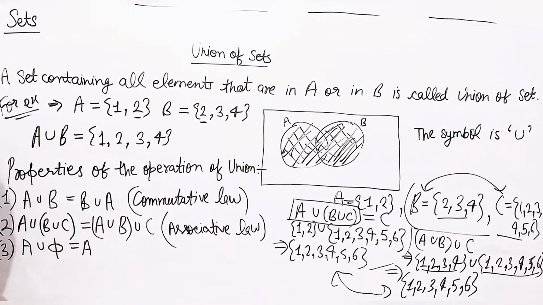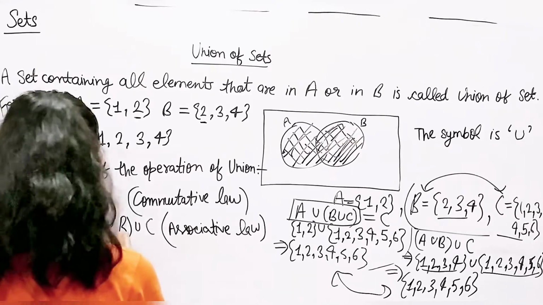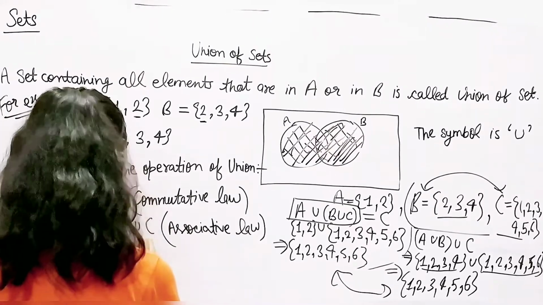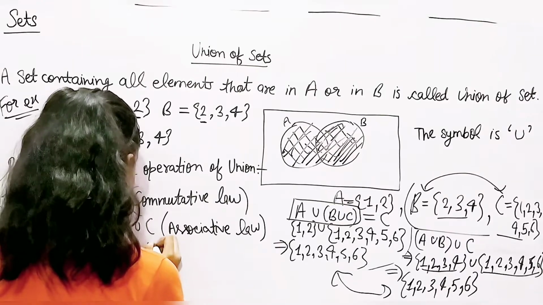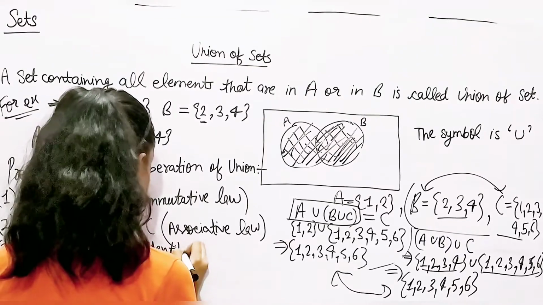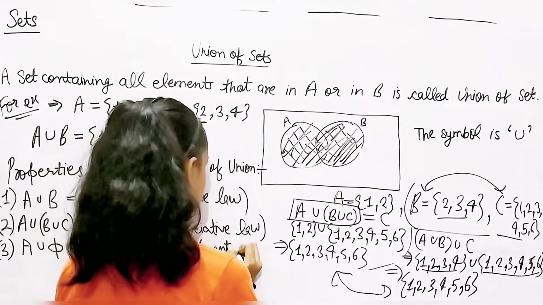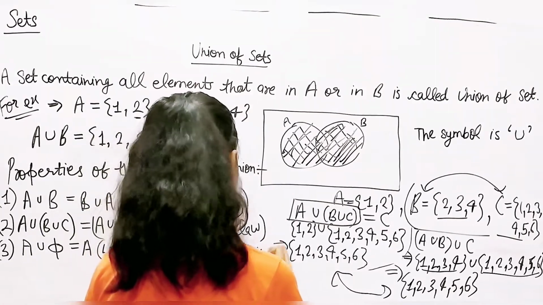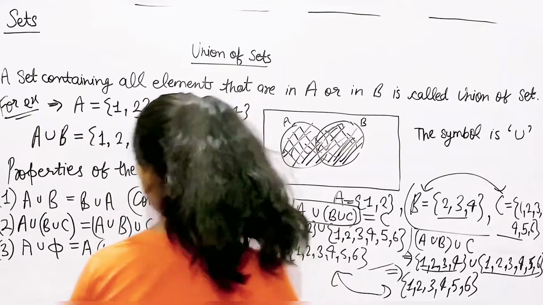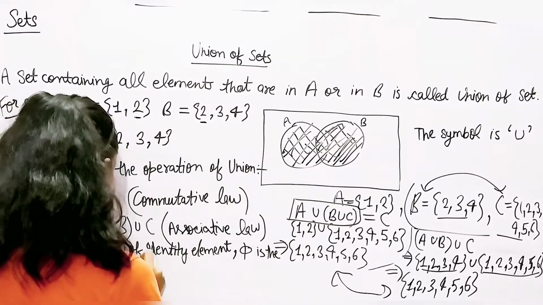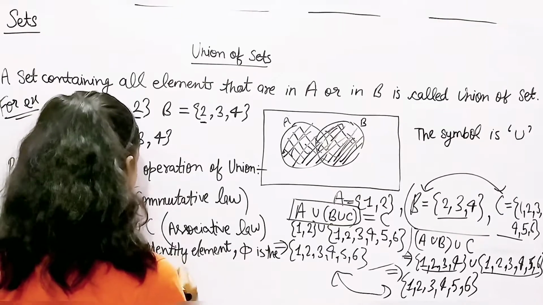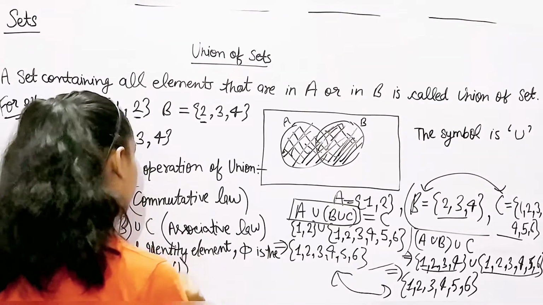So I can say that phi is the identity of U. Set U is the universal set, so phi is the identity of the universal set. Let me write it in brackets: law of identity element, and we can see that phi is the identity of U, the universal set.